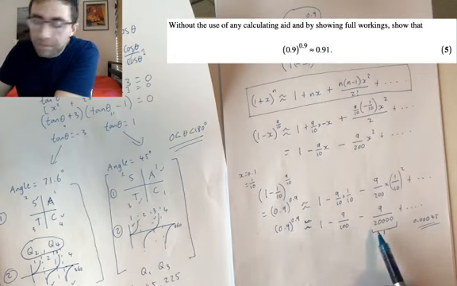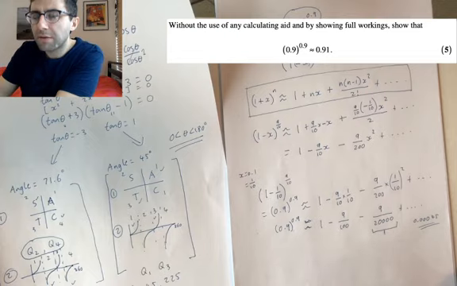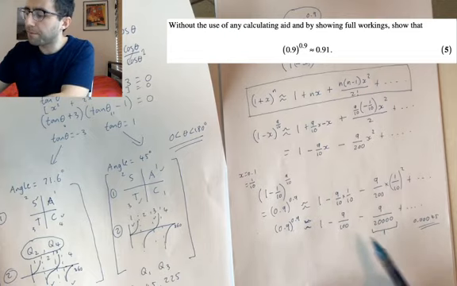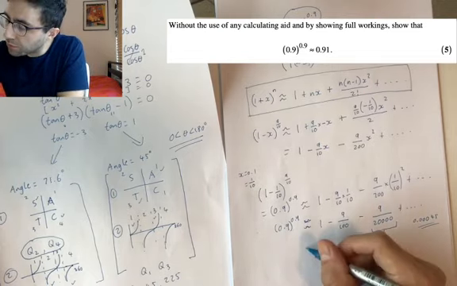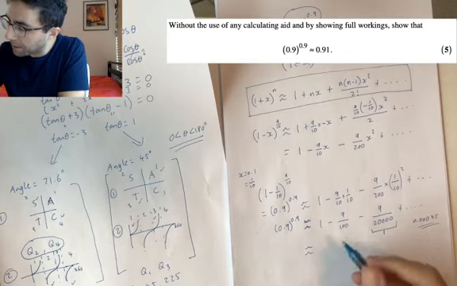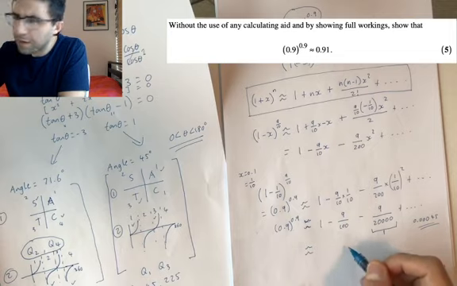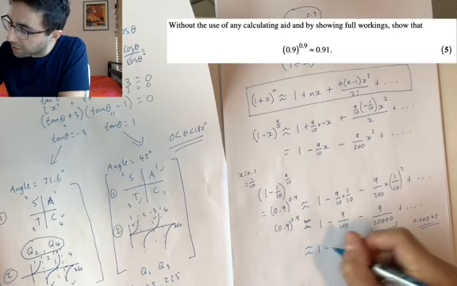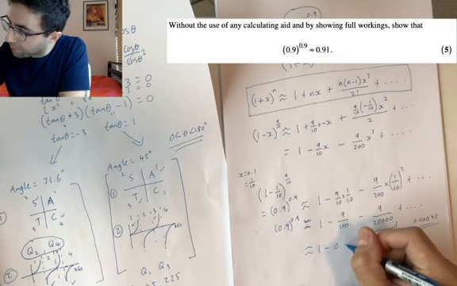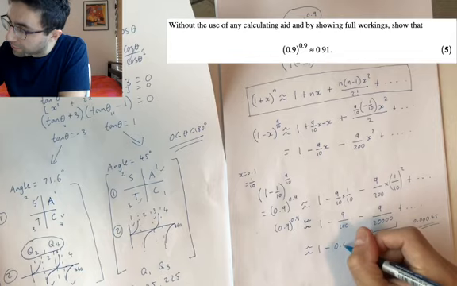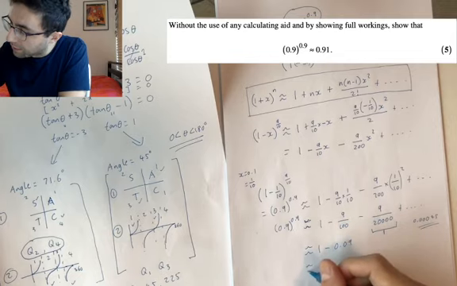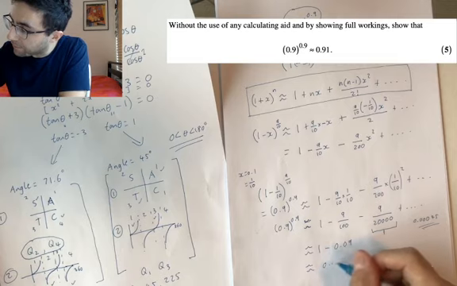So it's tiny. And actually, you'll notice as the terms go along, they get increasingly smaller. And so really, it's only the first 2 terms that matter. That is 9 over 100, which is 0.09. So if you subtract it from 1, you get your answer, 0.91.